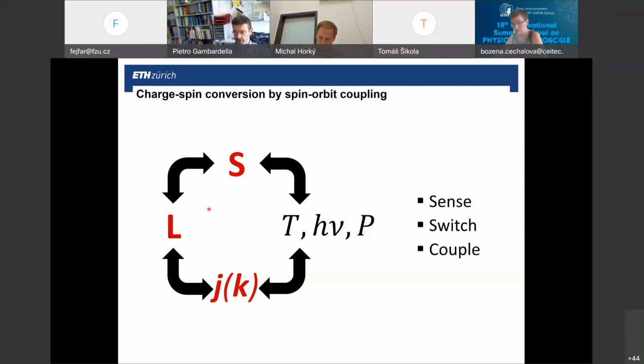Okay. And these effects that would go under the name of charge spin conversion are driven by spin-orbit coupling and can be used to exert spin torques, so to switch or oscillate the magnetization, can be used also to sense it, and can be used also to couple magnetizations.